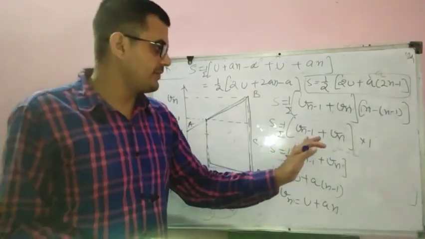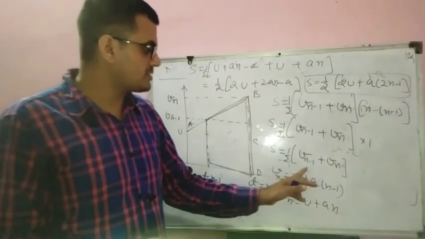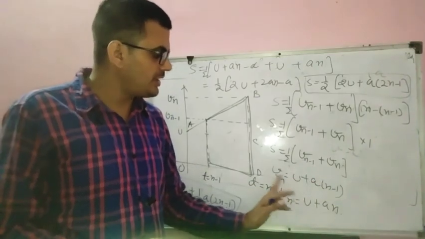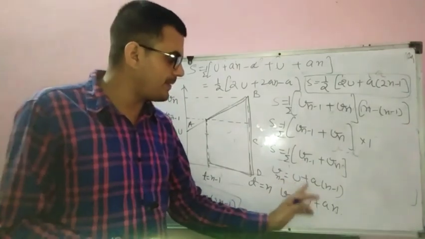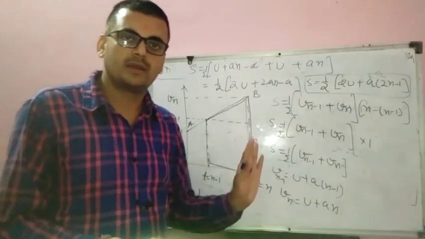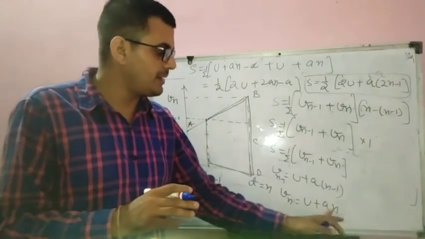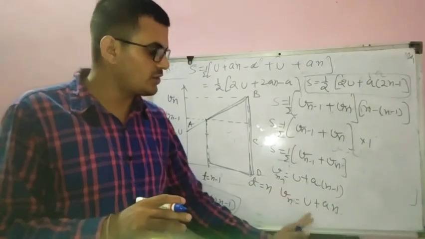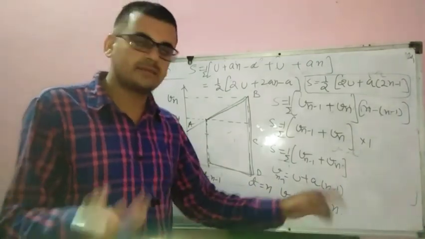So finally we have v(n-1) plus vn. Now how do we open v(n-1)? v equals u plus at. Here time t is n minus 1, so u plus a(n-1). For vn, the value of time is n, so we replace t by n.